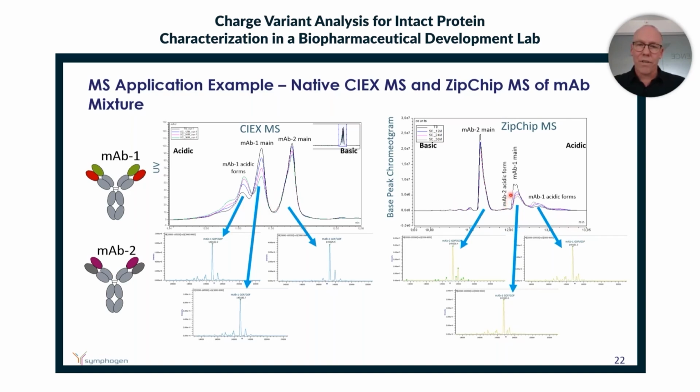But like for the cation exchange, we see a drop in the main peak and a rise in acidic forms due to deamidation, also with the SIP chip. So these methods confirm each other. And in case of the SIP chip, we can really enjoy the higher separation power that we get for this particular product.